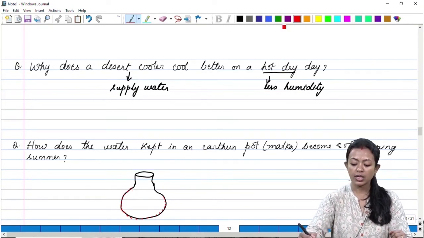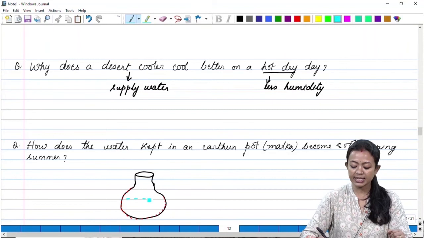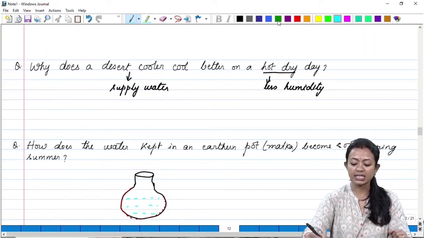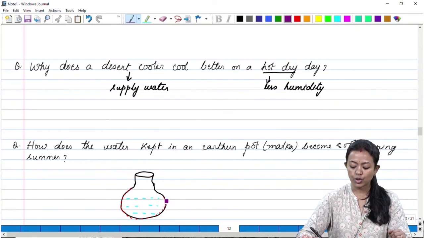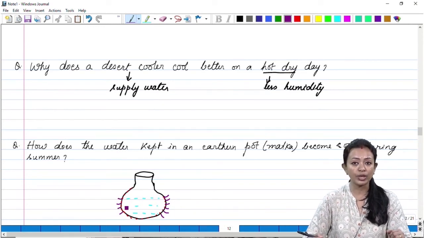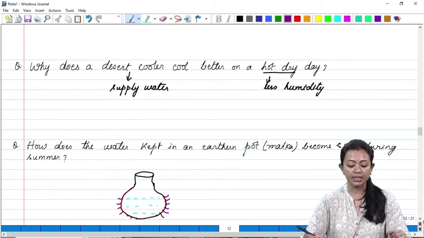So the water which is present inside the pot comes to the surface and starts evaporating. And we know that evaporation leads to cooling effect. That's why the water which is kept in an earthen pot becomes cool during the summer.